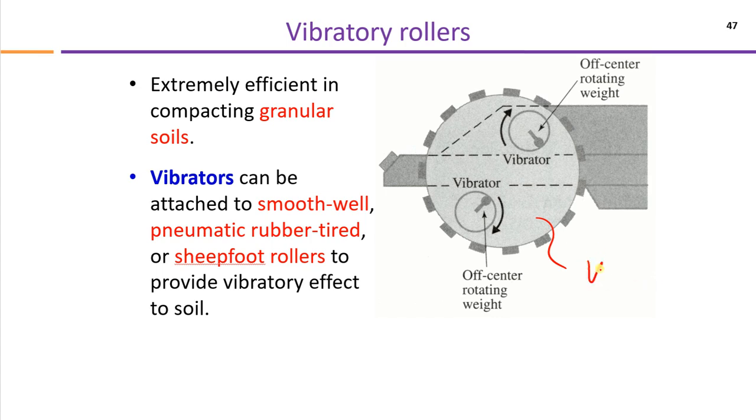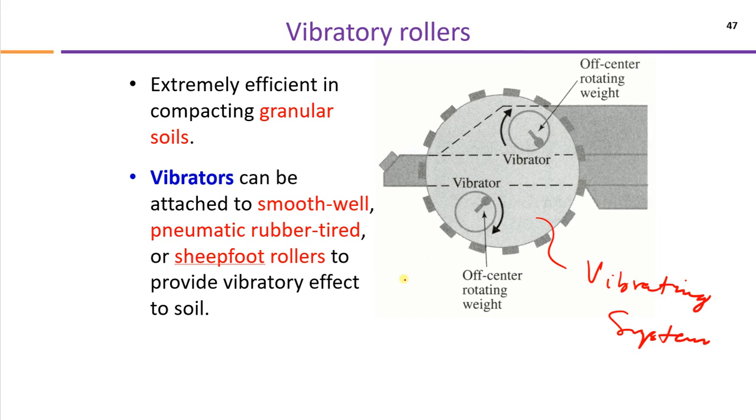So suppose we have here vibrating system. So when this vibrating system is not working, it is going to work as a normal roller. But if we are going to turn on this vibrating system, so the roller, when it is going to move, it is going to compact the soil, and when it is vibrating, it is going to compact with the help of vibration.